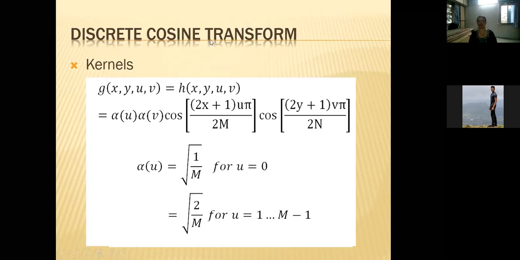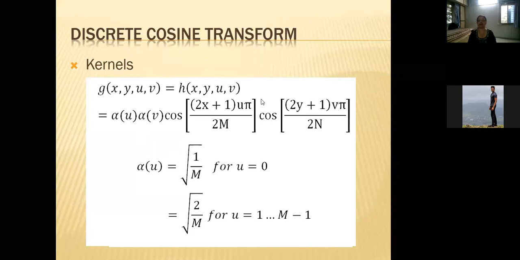Whereas for the discrete cosine transform, the forward transformation kernel is exactly identical to the inverse transformation kernel.